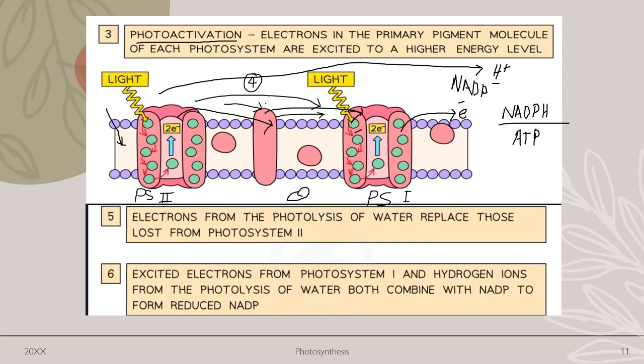These two, ATP and NADPH, are the products of the light dependent reaction, and they go further into the light independent reaction as reactants. So that's all for this video, guys.